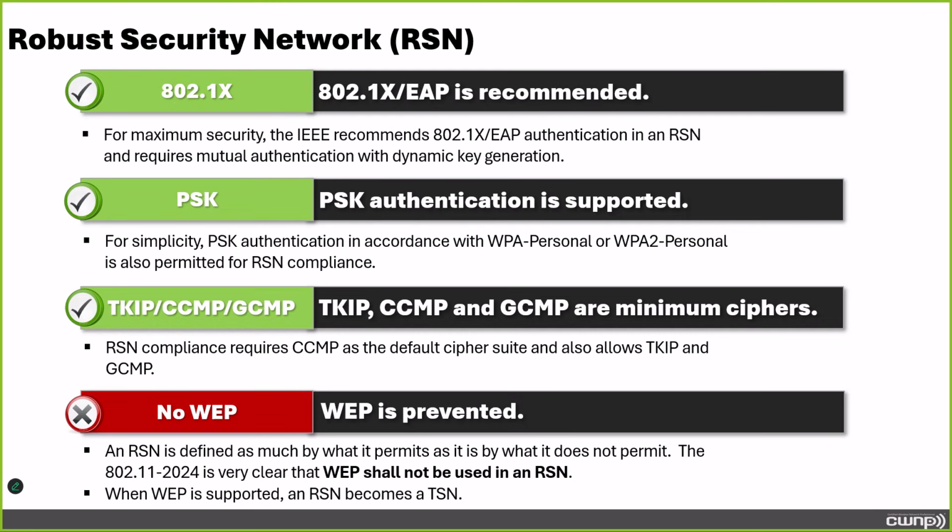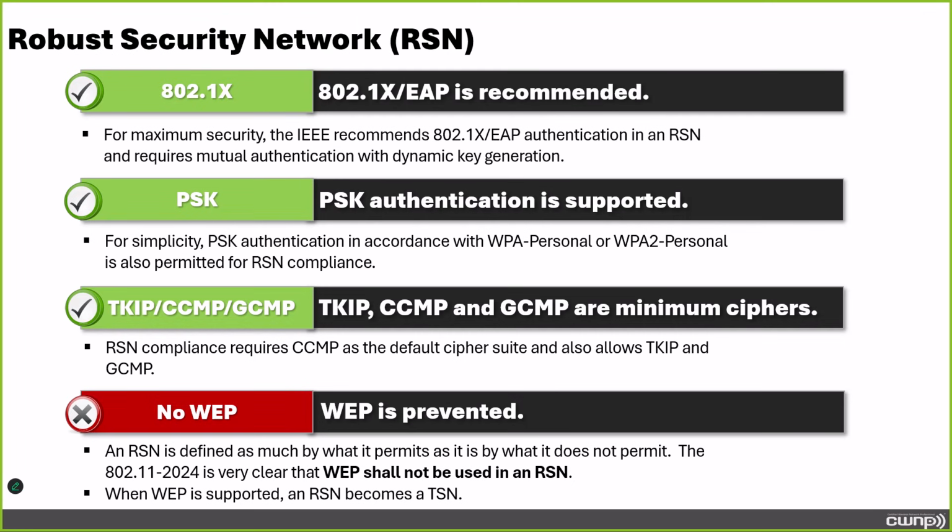So this phrase on this screen that says TKIP, CCMP, and GCMP are minimum ciphers, well, it means minimum to be called an RSN. That does not necessarily mean that it is the minimum you should be using on your network. All right. Generally speaking, you want to use CCMP or GCMP. These are the more modern ciphers. So a Robust Security Network is a network where all associations are Robust Security Network Associations, or RSNAs.